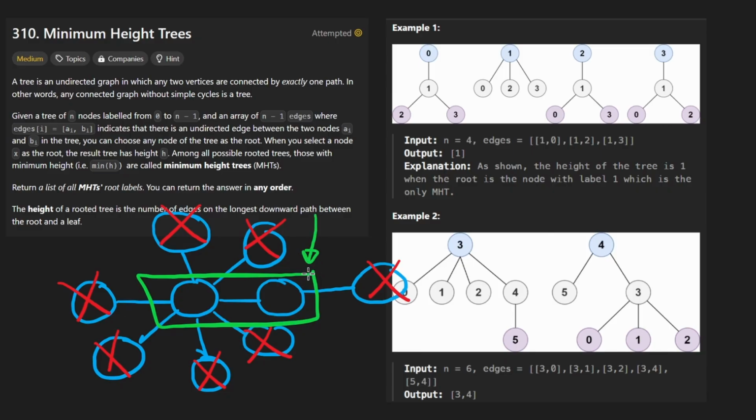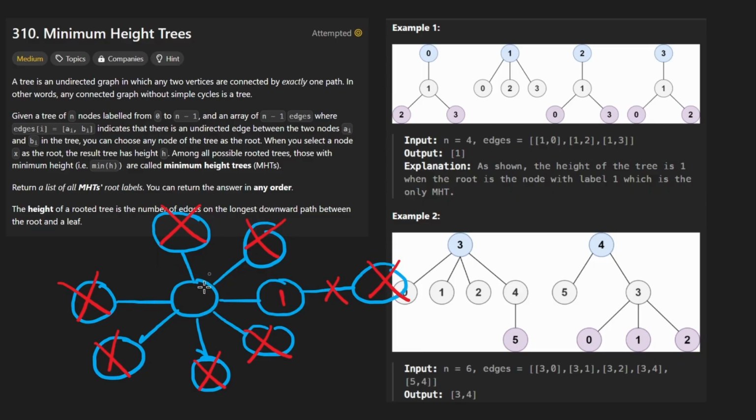And just to rewind a little bit, the reason we'd be able to identify these 2 middle nodes is, as we went through every outer node, we're going to chop off the edge. So for this node, we would get rid of this edge. It originally had 2 edges connected to it. Now it's only going to have 1.